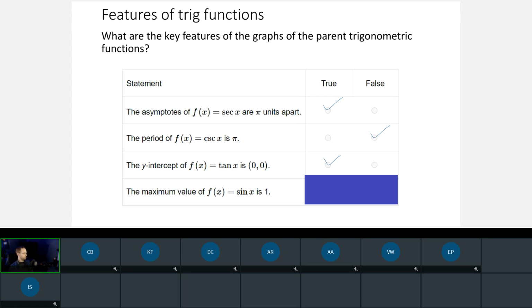And the last one, the max value of sine of x is 1. That is true. Yep. It is doubtful you're going to get any of these four, but you'll get other statements that ask questions along this line about other trig functions, and you'll have to look in your notes or graph it out to see if it's true or false, or know it off the top of your head. But always verify if you can.